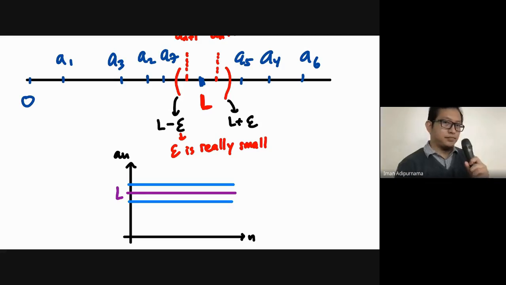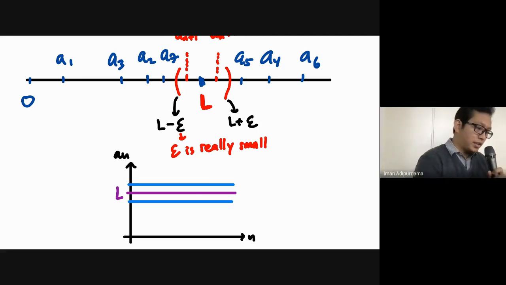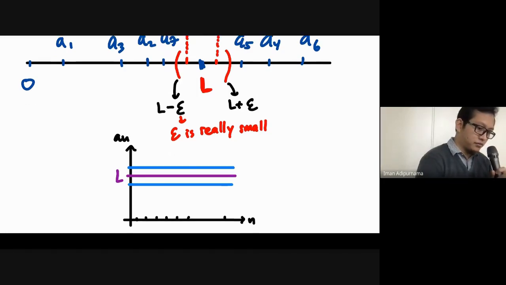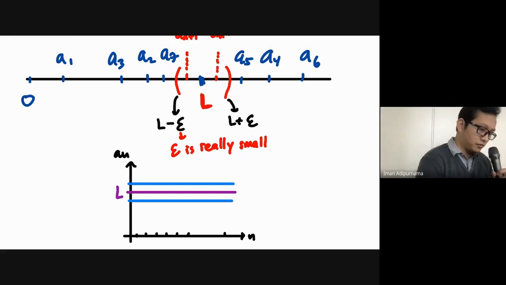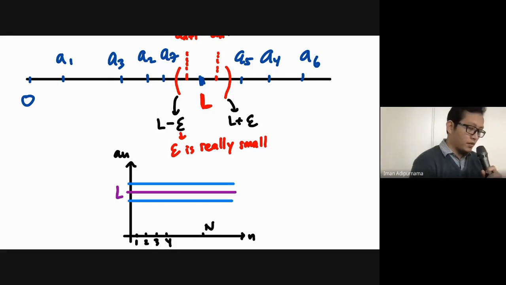Let's say this is the integer N, and this is 1, 2, 3, 4.